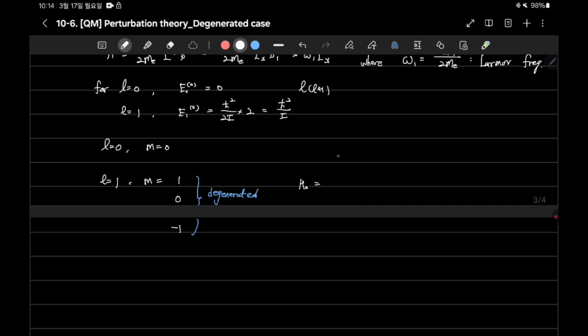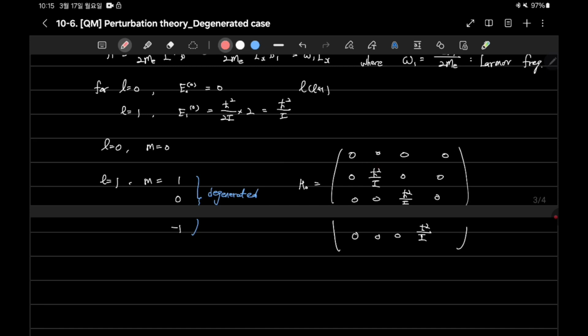The Hamiltonian is such that for L equal to 0 the energy is 0, and for the L equal to 1 case the energy is h bar squared over I, for m equal to 1, m equal to 0, and m equal to minus 1. The other entries are 0, like this matrix.